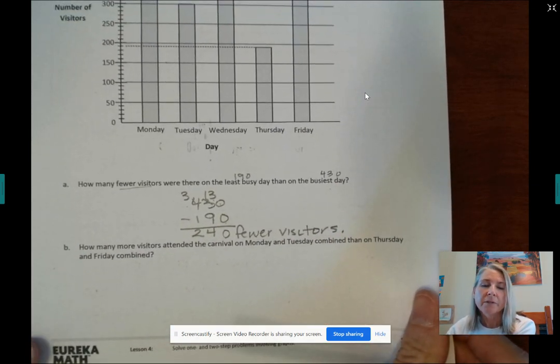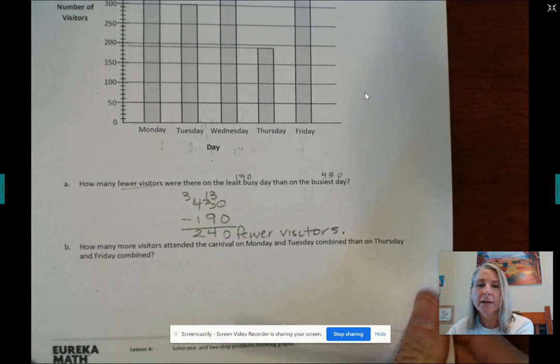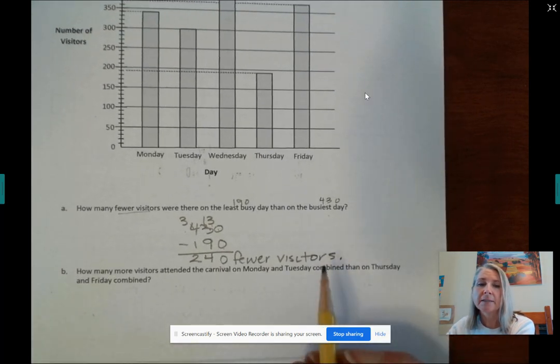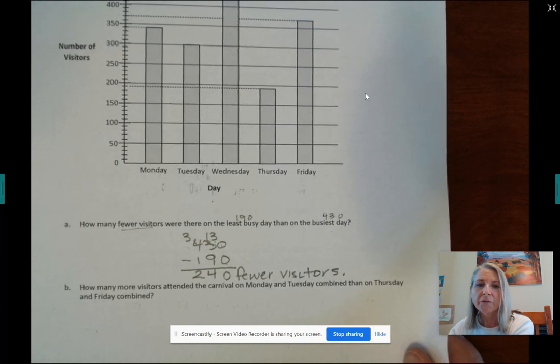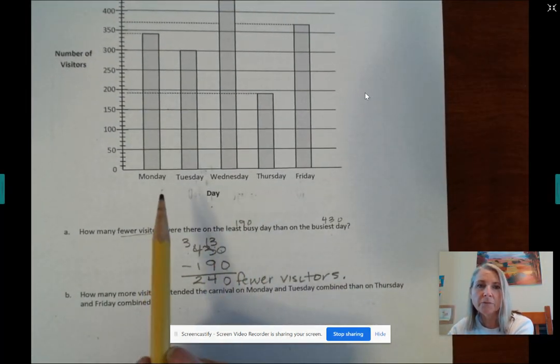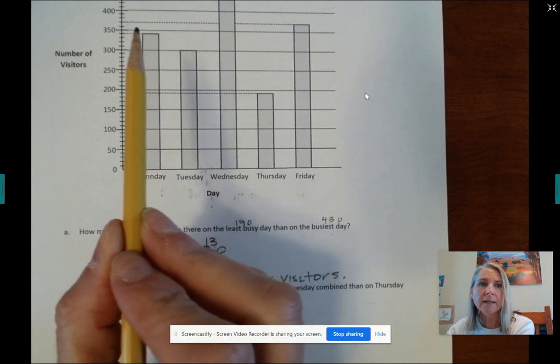How many more visitors attended the carnival on Monday and Tuesday combined than on Thursday and Friday combined? How many more visitors attended means that Monday and Tuesday is going to be the larger amount because it's using that term more. So when we set up our parenthesis work, we can put those two in the first parentheses. So Monday is up here. And remember, this next key line here is 350.